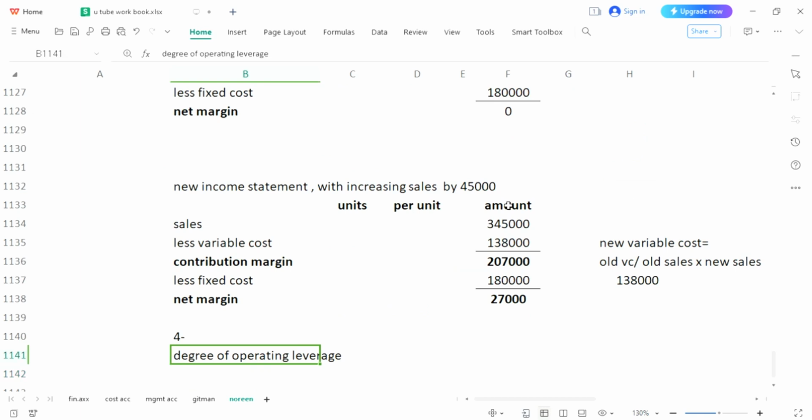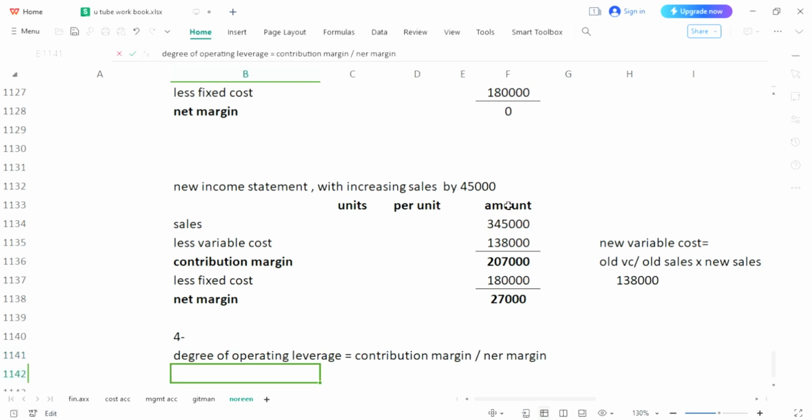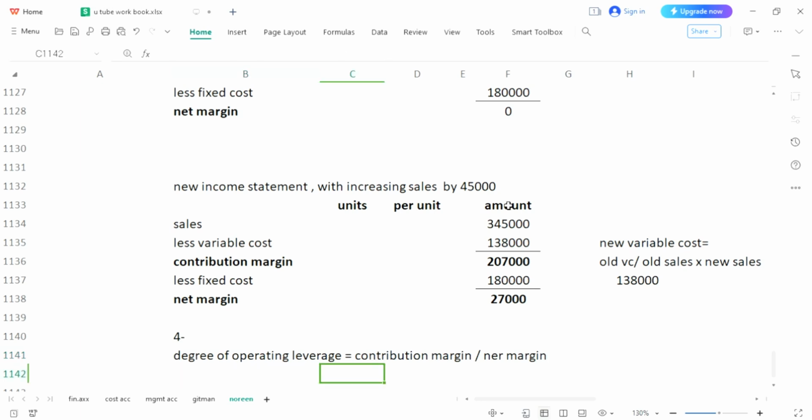Okay, we have done the same. Degree of operating leverage can be calculated by dividing contribution margin by net margin.